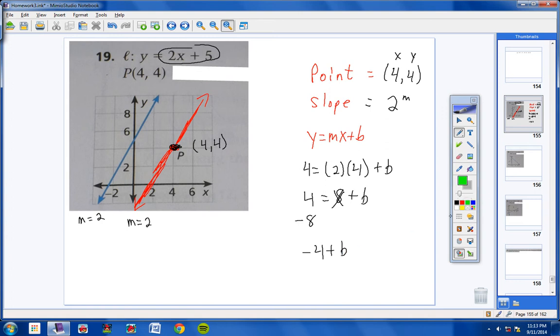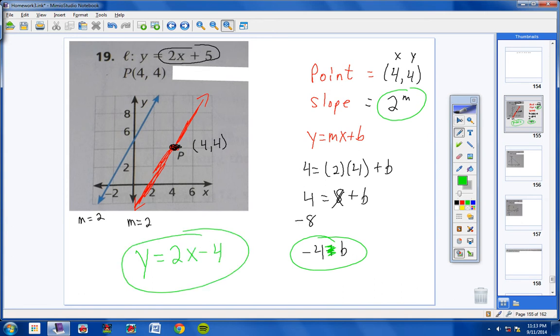So we know what b is, we know what m is, and so here we go. Not sure why I put a plus sign here. Negative 4 equals b. So you would write your equation like this. y equals, then your slope, 2x, and then negative 4. Okay, I hope that's right. I don't check these ahead of time. I hope that's right. Yes, we got it right.